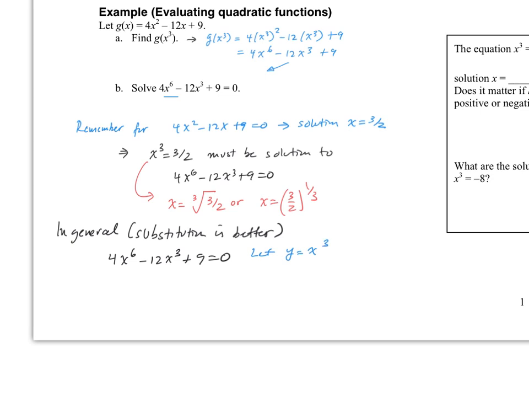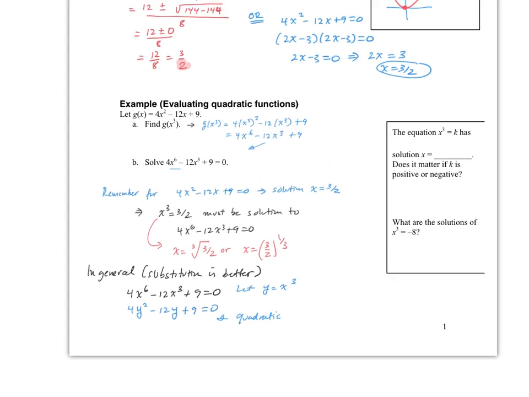So this equation becomes 4y squared minus 12y plus 9 equals 0. And then you solve this. This is quadratic, so you can solve it using the quadratic formula or factoring, just like we did in the previous problem, just like we did here.